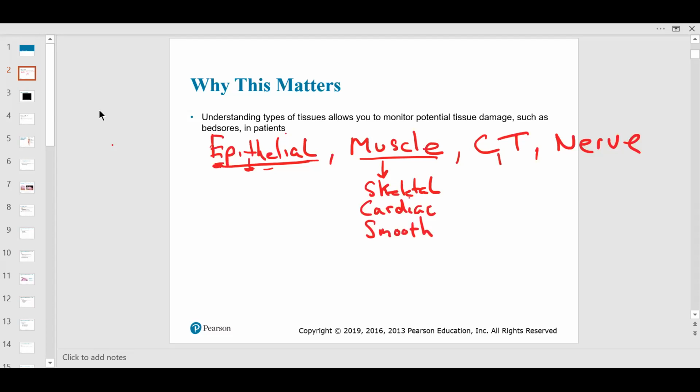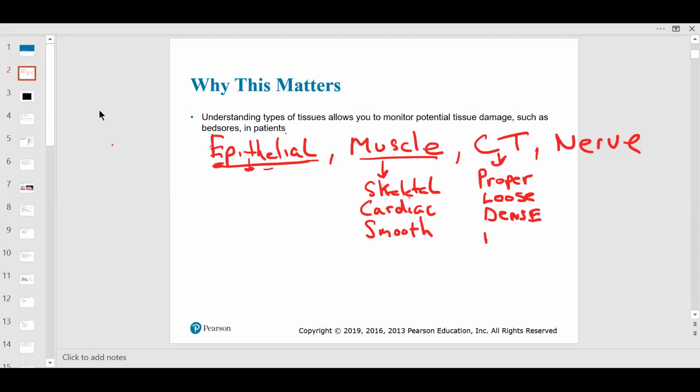Connective tissue is probably the most difficult one. You have the proper connective tissue, proper, loose and dense, and then the specialized.